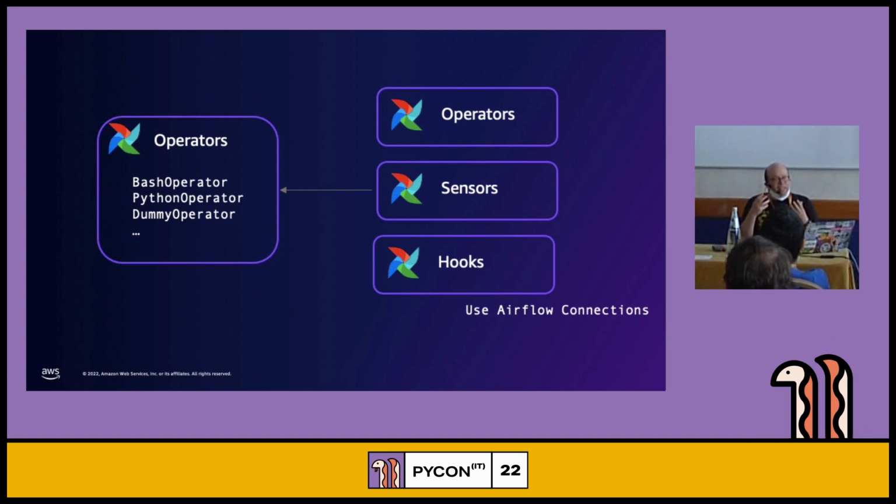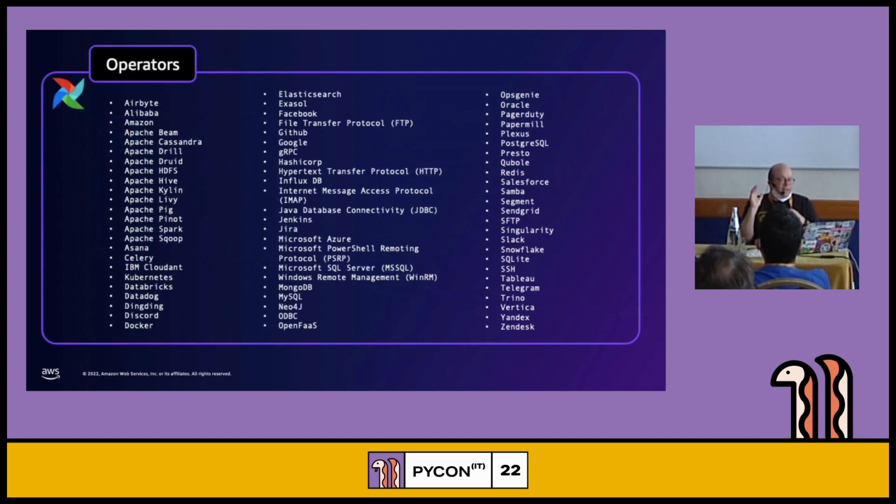There are operators called sensors that allow you to wait, detect, and then do something. And there are other operators called hooks that simplify how you connect with upstream and downstream systems, things like connection strings and passwords. Over the years, the Apache Airflow community has built integrations into probably most of the data tools that you're using today. If what you're using isn't there, you can easily build your own as well.